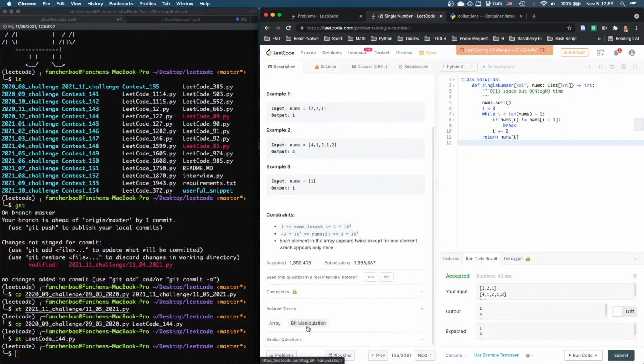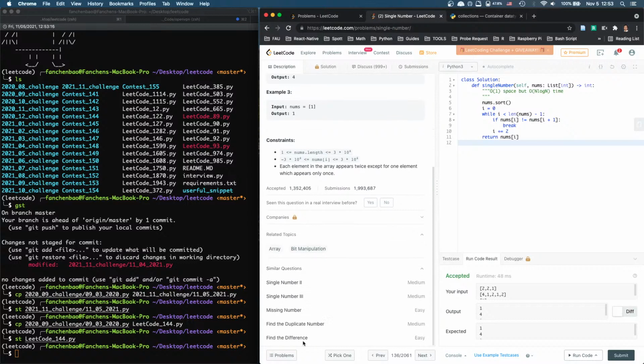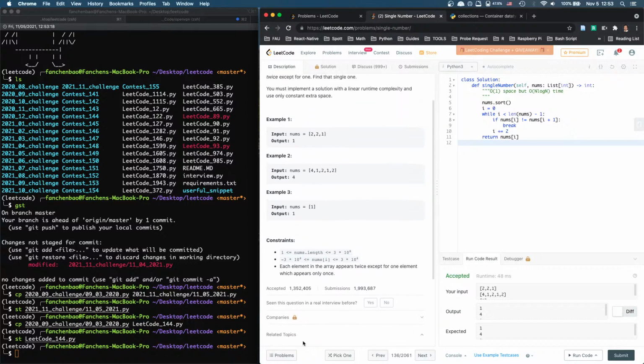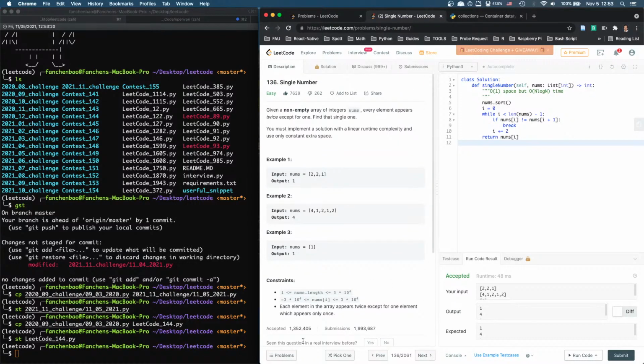Related topic. Bit manipulation. Ooh. Bit manipulation. Similar questions. Bit manipulation. A bitmap? No way.